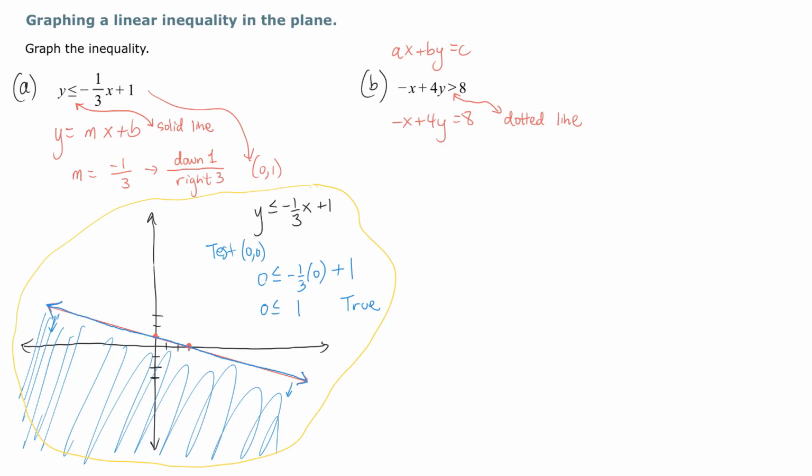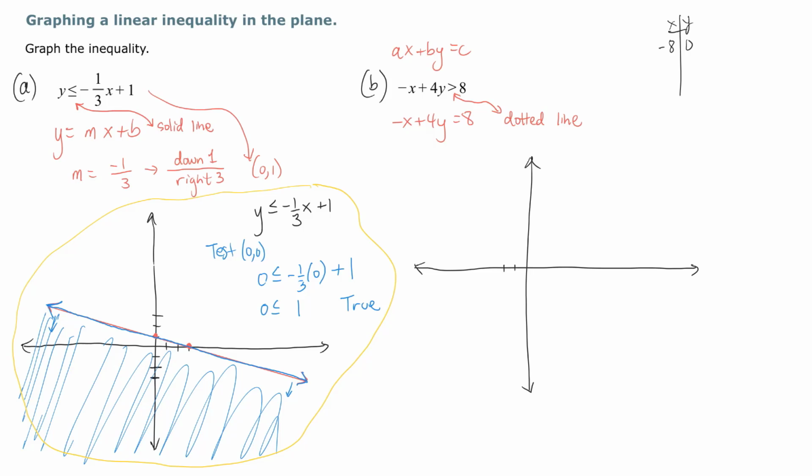Easily graphed with the intercept method here. So if you use the intercept method, I can go ahead and give you the intercepts as ordered pairs as well. So when y is 0, we get x to be the opposite of 8.